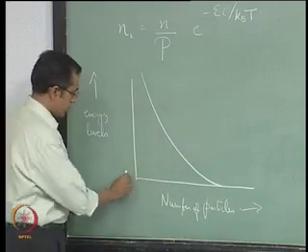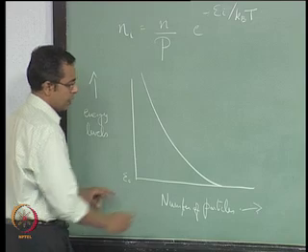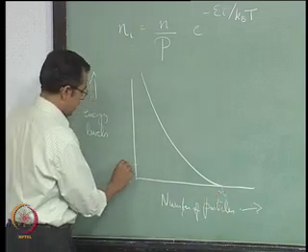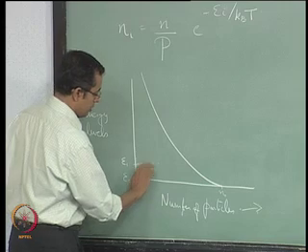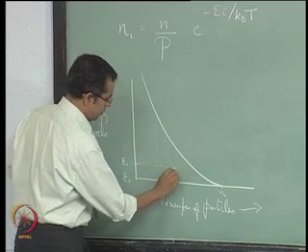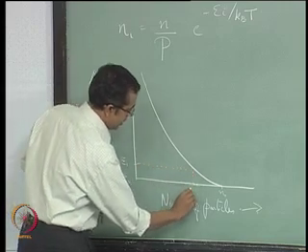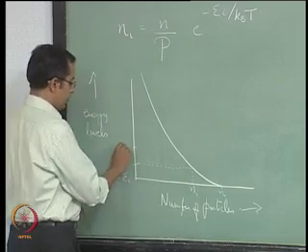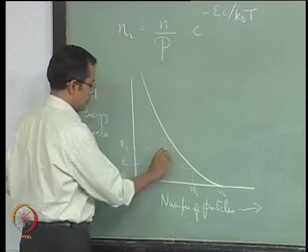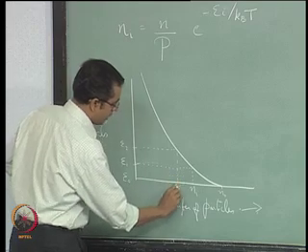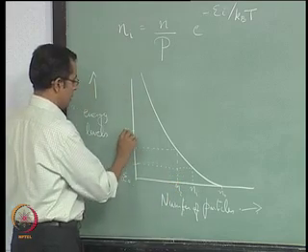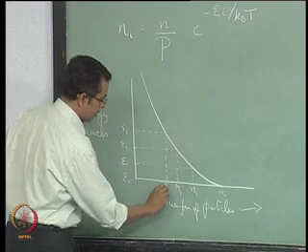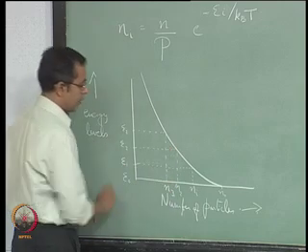The way we read this plot is, this is energy level E0 and that has n0 number of particles. If you take an energy level E1, it has n1 number of particles, E2 has n2 particles, E3 has n3 particles, and so on.